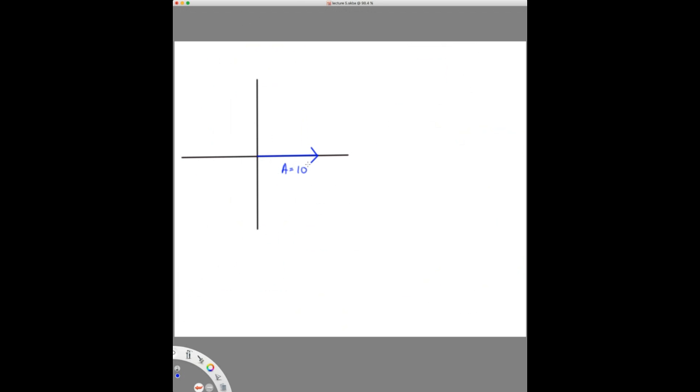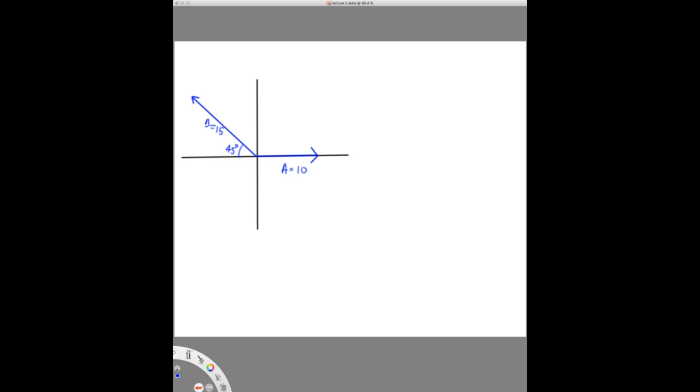And then I want to add to that a vector B, which is 15 units long, and there's a 45-degree angle. And I want to find the sum of these two vectors.